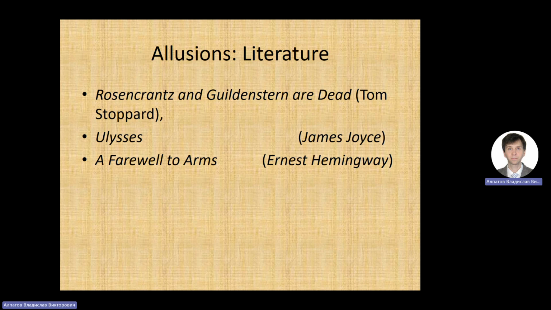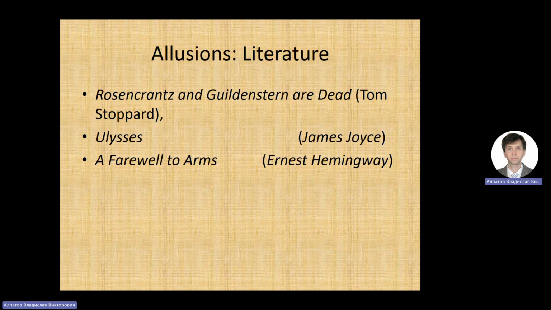A Farewell to Arms by Ernest Hemingway seems as if it is just a farewell to arms, but in fact, this is an allusion to the book of Isaiah, who says that at the end of times, a lion will graze together with a lamb.